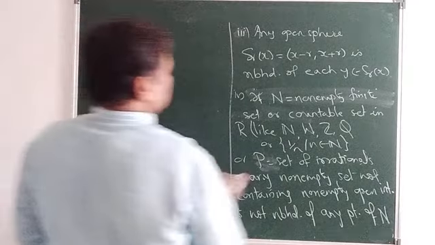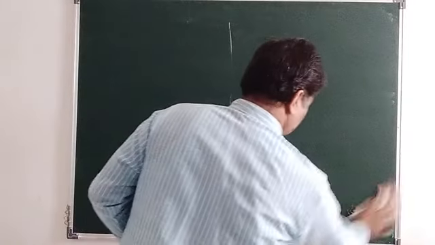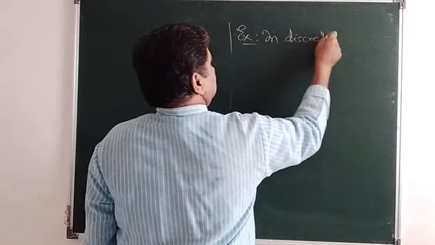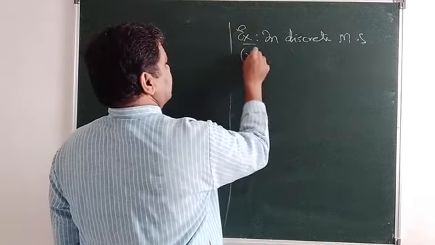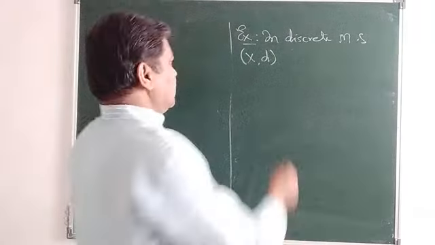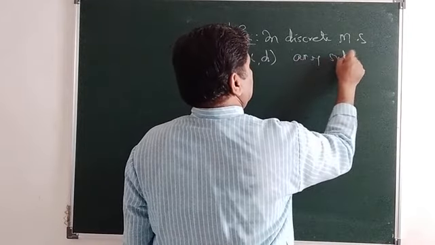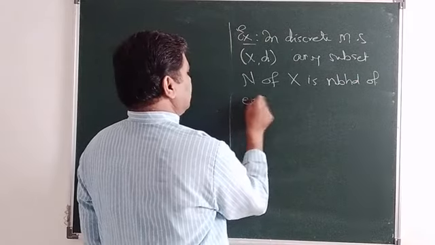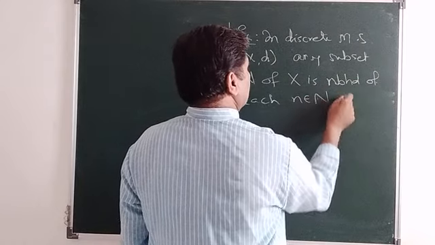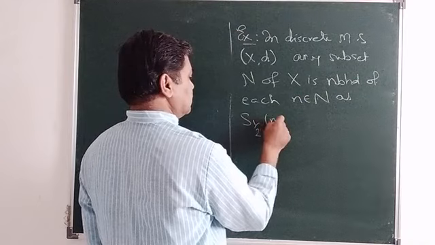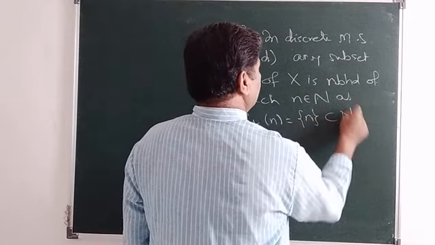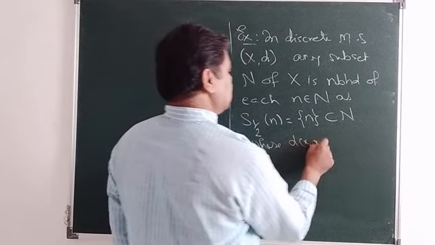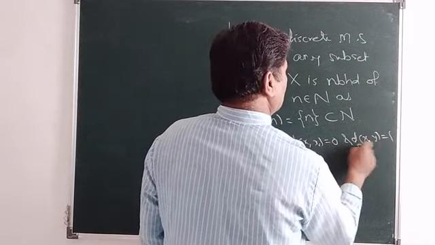Okay. So this is about this one. Next example, in a discrete metric space (X, d), any subset N of X is a neighborhood of each point n belonging to N, as the singleton set is contained in N, where d(x, x) is 0 and d(x, y) is 1 for x not equal to y.